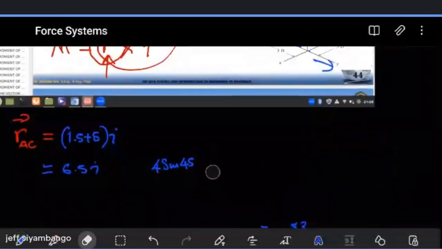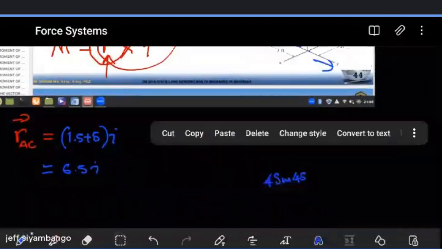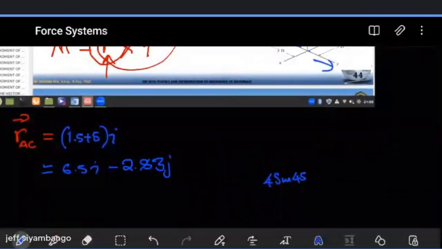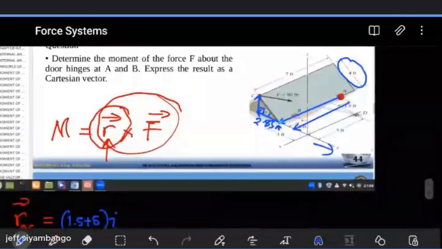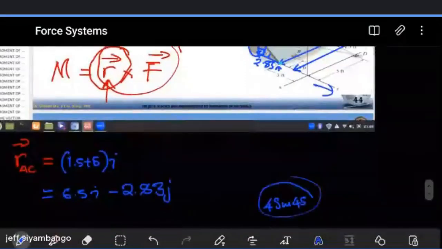So I can remove this now. Move this away. So this is minus 2.83 in the j direction. Then the remaining one is now the z-axis, I mean. Parallel to the z-axis is the vertical one, this one. Notice that what you're doing parallel to that is actually this piece, and this piece was given by 4 sine 45.